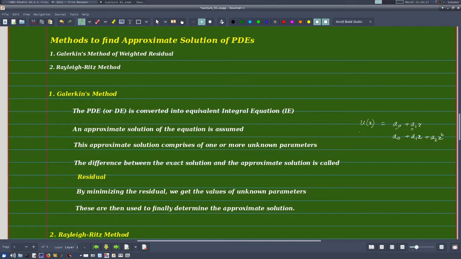While minimizing the residual, we are able to find equations from which we can find the unknown parameters like a0, a1, etc. Once I get these values, I can fit them into the assumed solution. Obviously my solution will be approximate, but the error between the approximate and true solution will be minimum. That's how we arrive at the approximate solution in Galerkin's method.